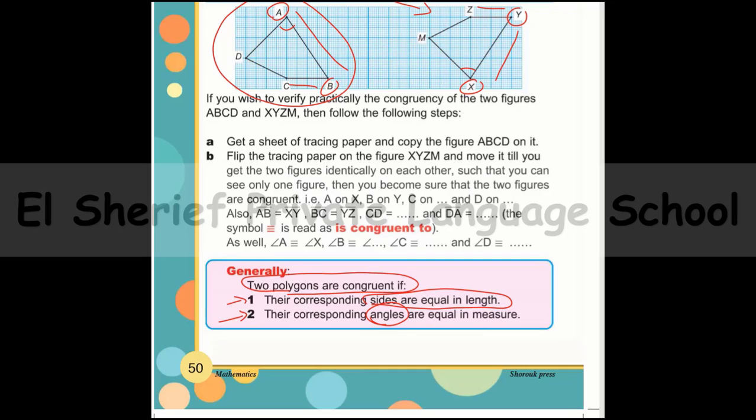We denote congruence by this symbol. We put three lines, which is read "is congruent to".